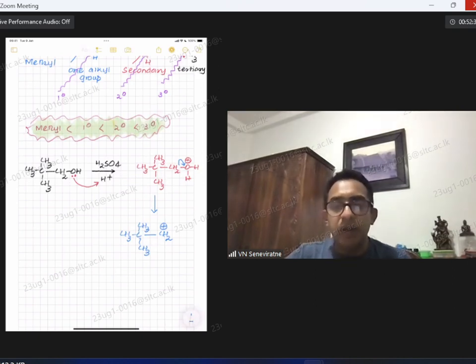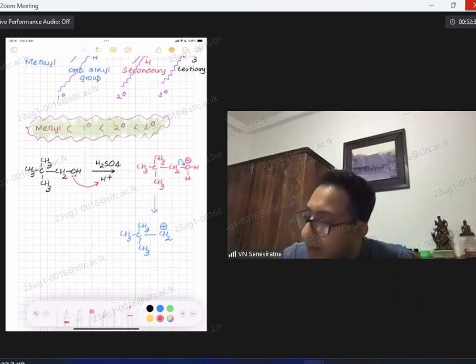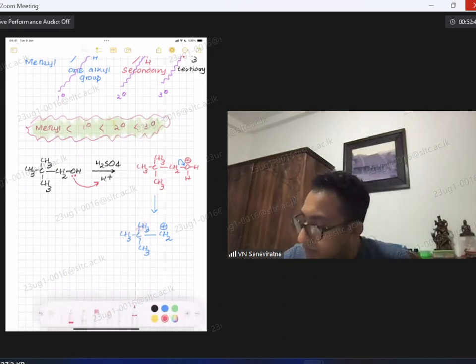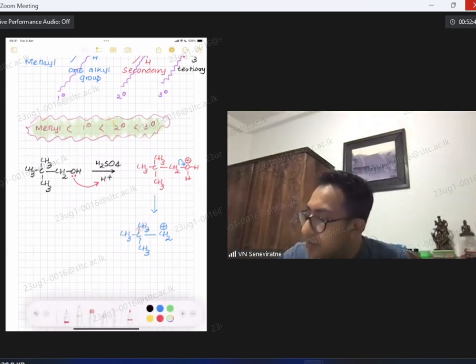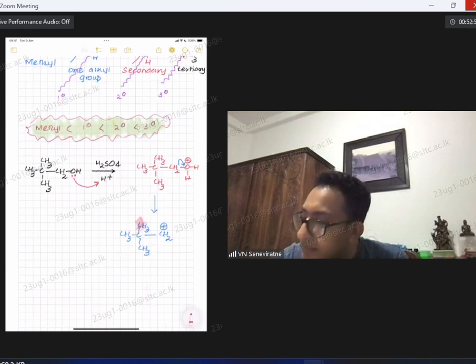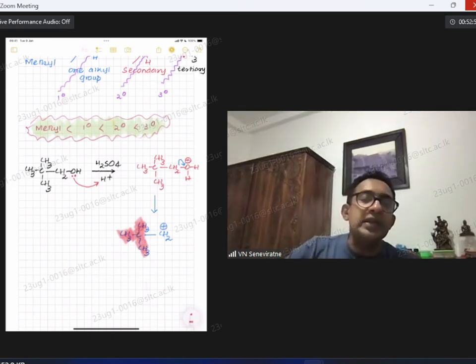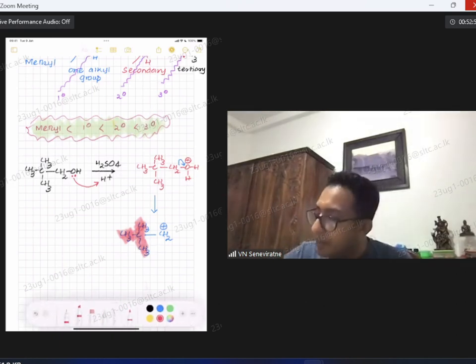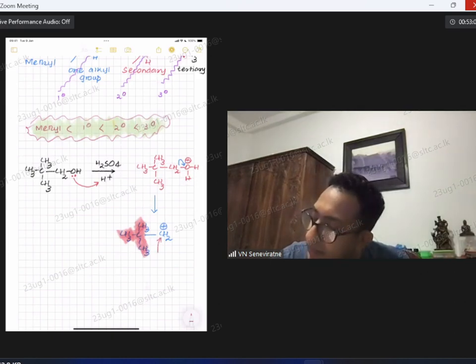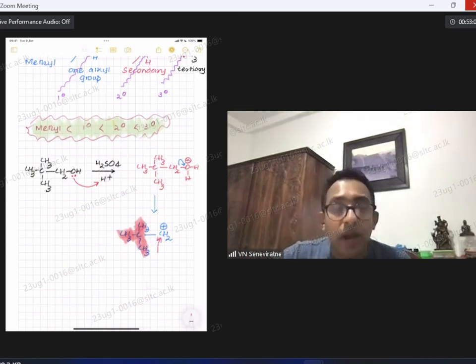Is it a tertiary carbocation? You can see this. There is only one alkyl group attached. Let me show you that. There's only one alkyl group attached here. Look at the carbon containing the positive charge, you have two hydrogens.